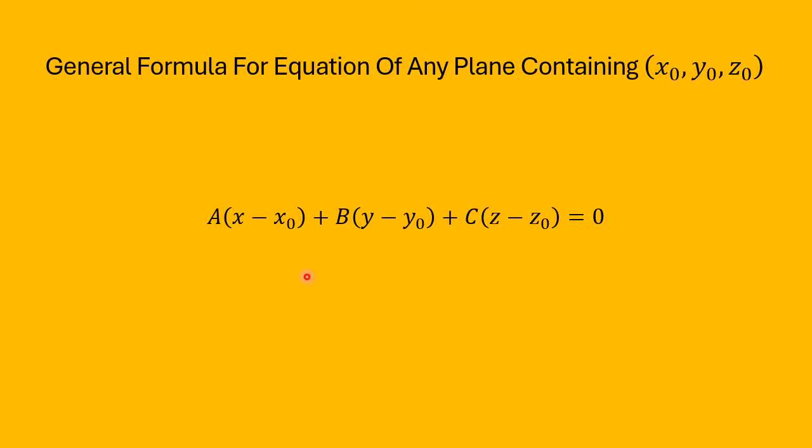We also saw before that the equation of a plane containing the point x naught, y naught, z naught can be written as a times x minus x naught plus b times y minus y naught plus c times z minus z naught. Any choice of a, b, and c will give us a plane containing this point, because x minus x naught will be 0, y minus y naught will be 0, and z minus z naught will be 0 when x, y, and z are x naught, y naught, z naught. So basically any plane going through x naught, y naught, z naught can be written in this form.